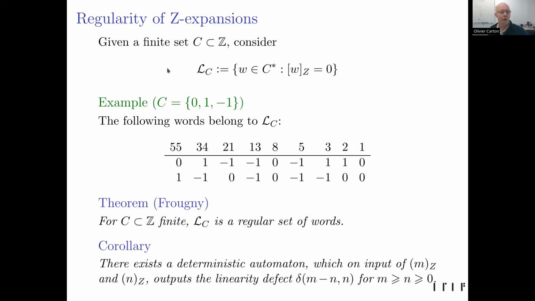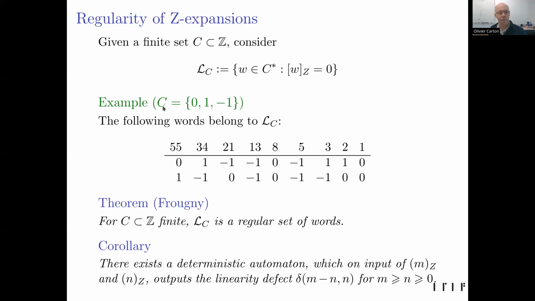So we use a classical result of Christiane Frougny that if you take, for instance, the Zeckendorf expansion, of course, it's more general, it's true for numeration systems based on a Pisot number, that if you take some finite alphabet, which is contained in Z, so with positive and negative integers, and you look at words which evaluate to 0 with those digits, then it is a regular set of finite words.